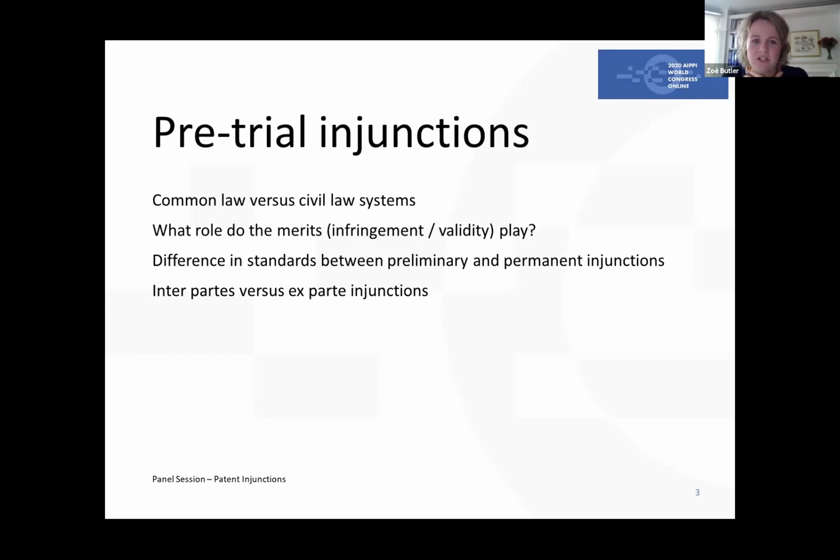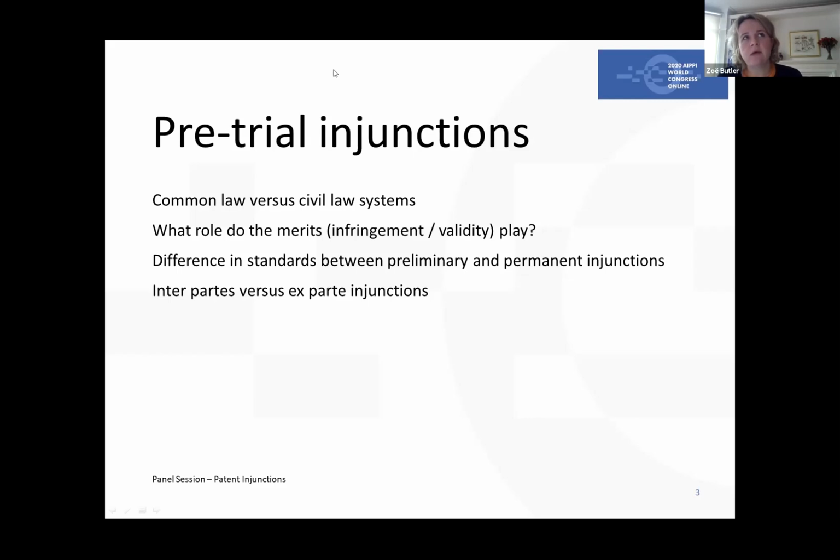So ex parte injunctions, without notice injunctions, you can apply ex parte. It tends to be obviously in cases of urgency, and the court requires reasons to be given as to why you've come to the court without notice of the defendant.